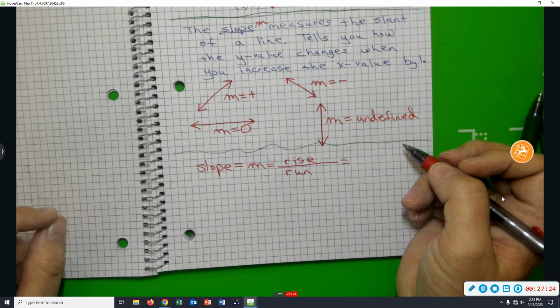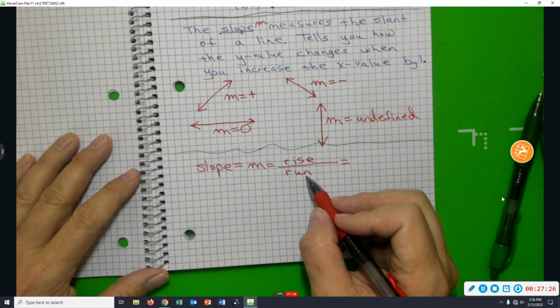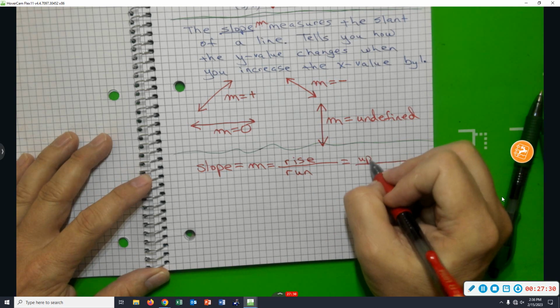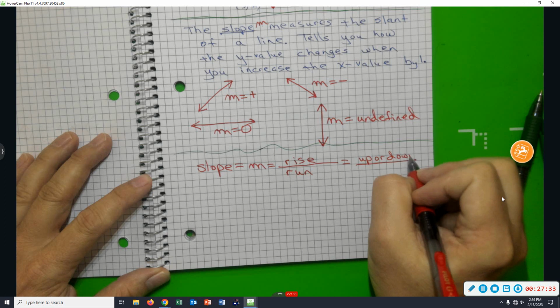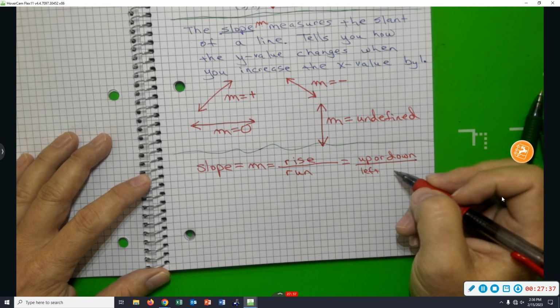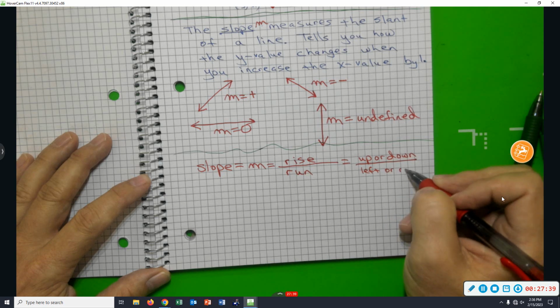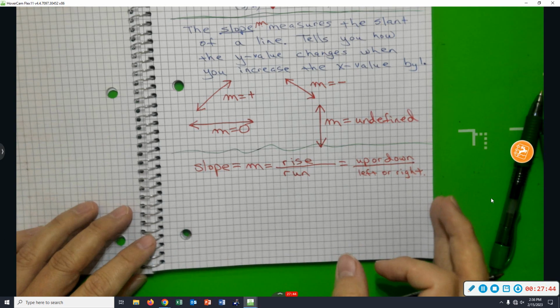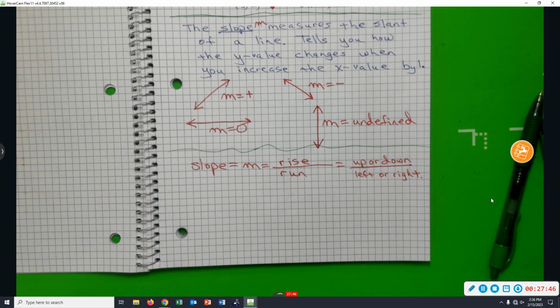Are you moving up or down? The run is the horizontal movement, left or right. Let me show an example in a moment. This will make more sense. We'll get a formula for the slope in a moment, but right now let's look at this rise over run stuff in more detail.